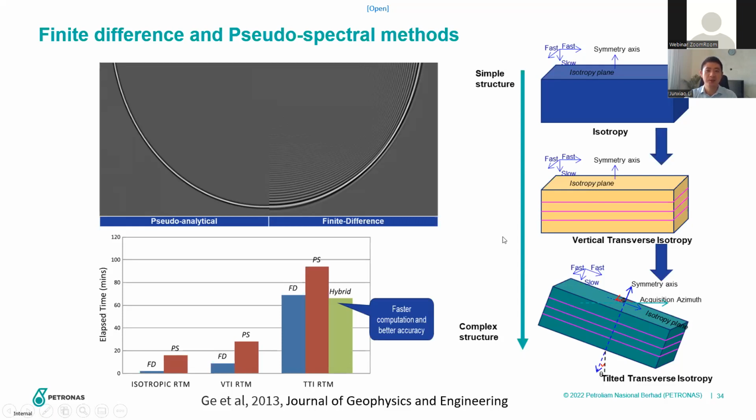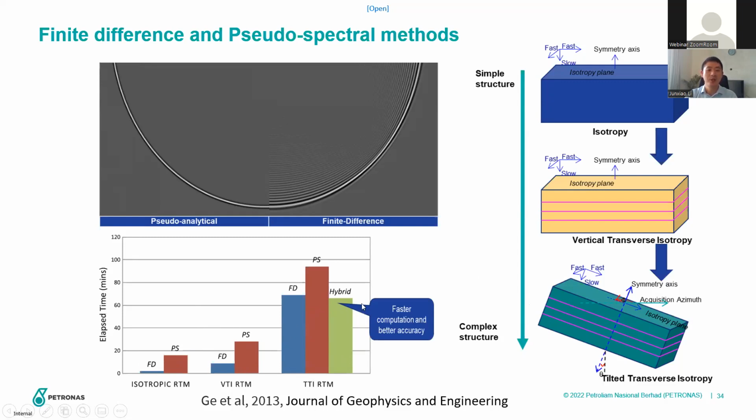And as the underground structures change from simple structures to complex structures, the processing time of the RTM varies. So here is a map of the processing time of the RTM: the isotropic RTM, VTI RTM, and TTI RTM, comparing the pure finite difference and pure pseudo-spectral methods.